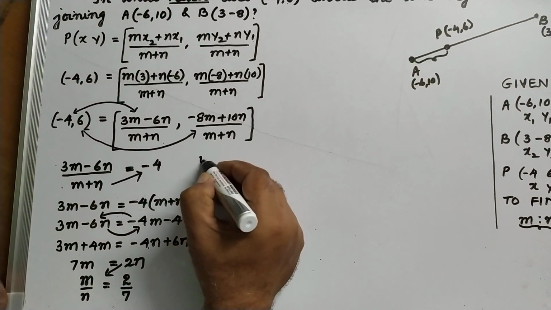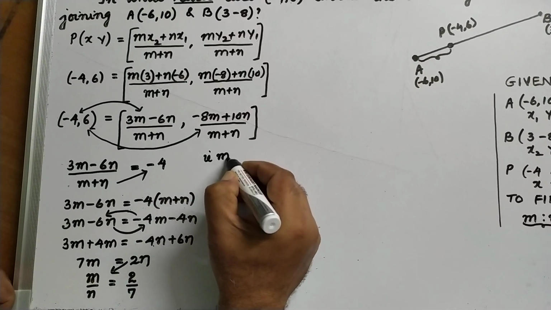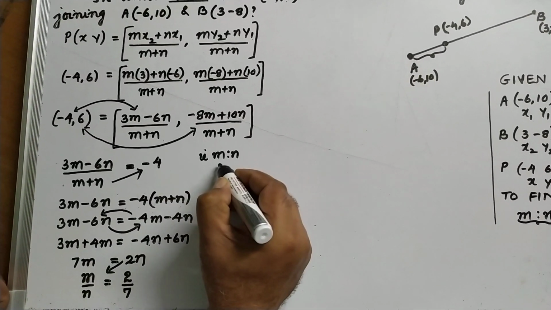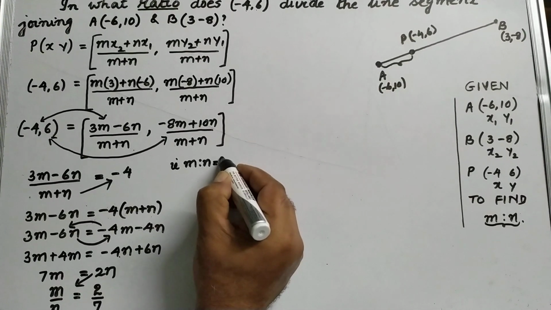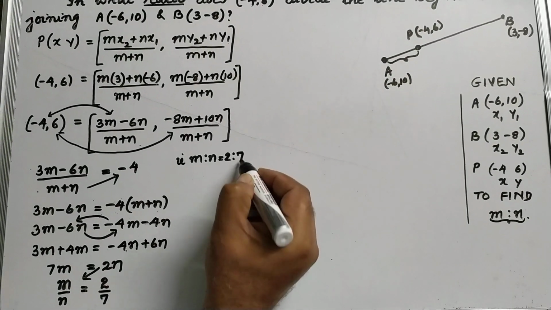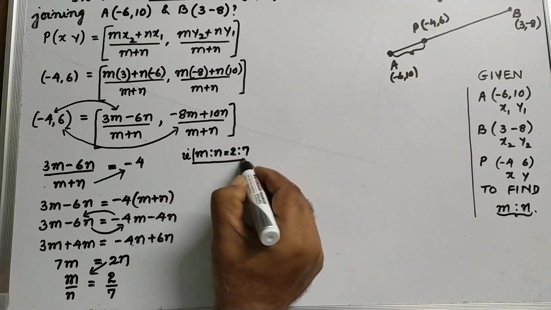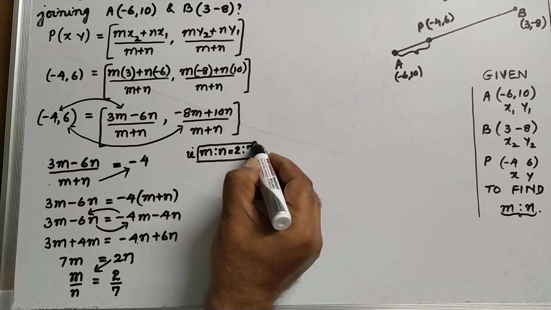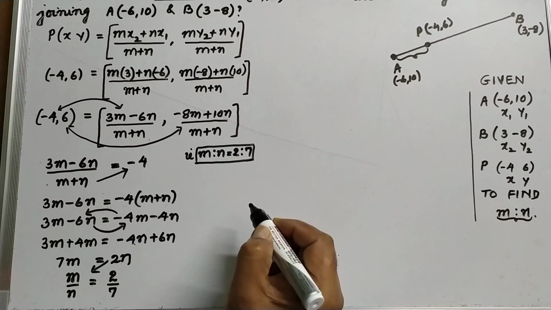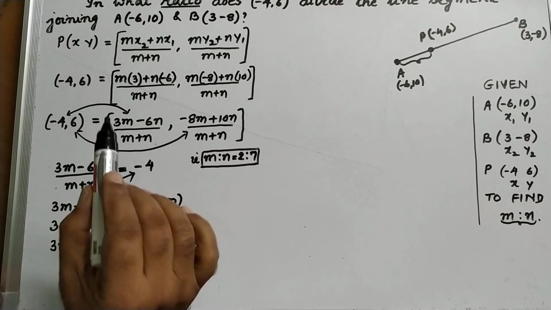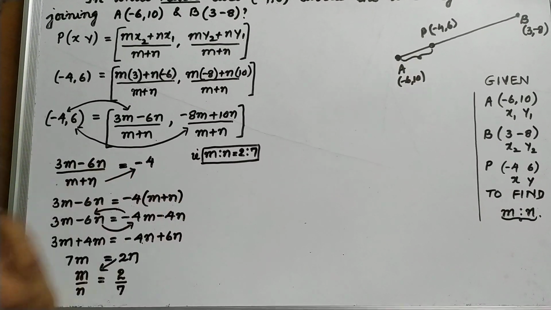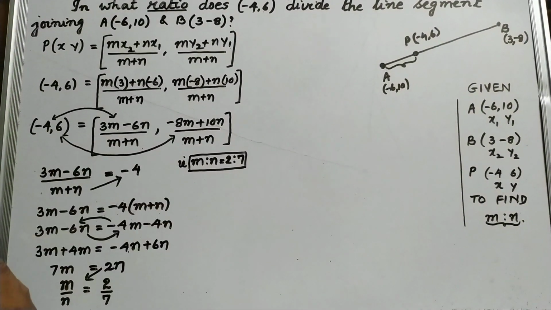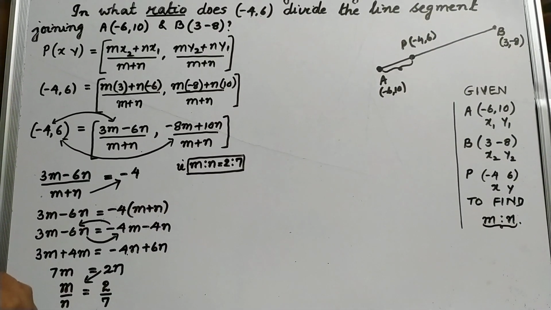The meaning is, m is to n is equal to 2 is to 7. The ratio m is to n is equal to 2 is to 7. So by equating the first components of these two ordered pairs, I have got the ratio.